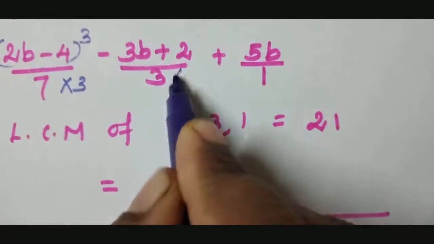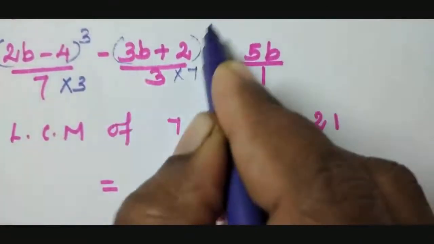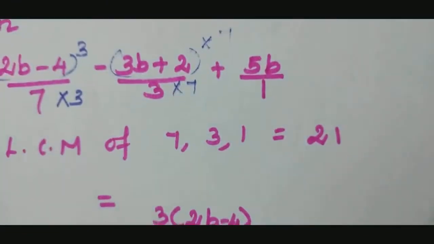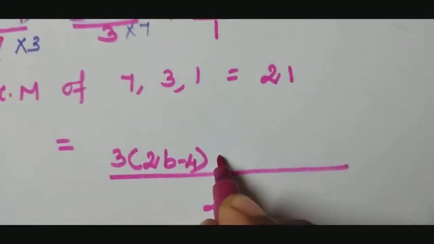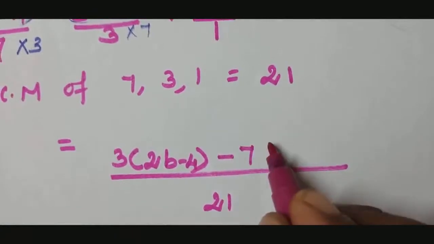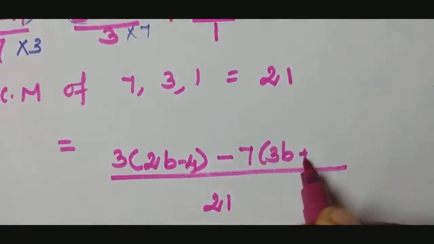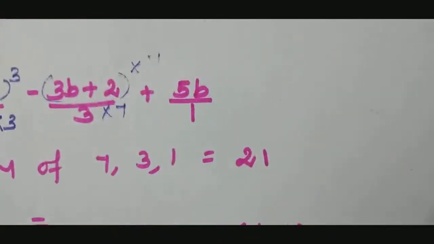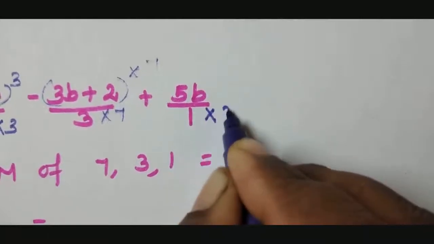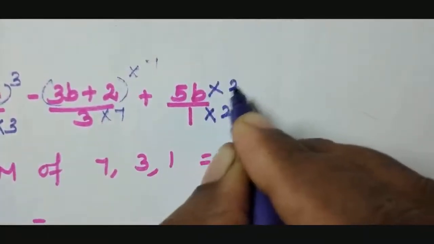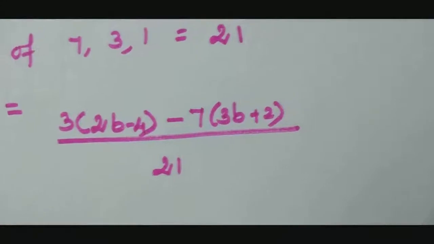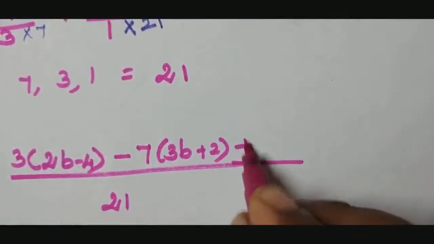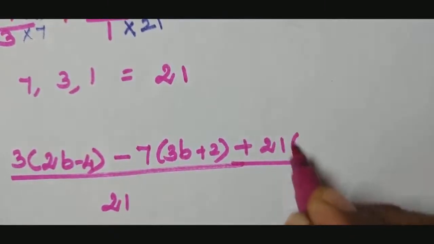So you should multiply by 7 to get the number 21. So which is equal to minus 7 times (3b + 2). So the next term is 1. So you should multiply numerator and denominator by 21. Which is equal to plus 21 times 5b.